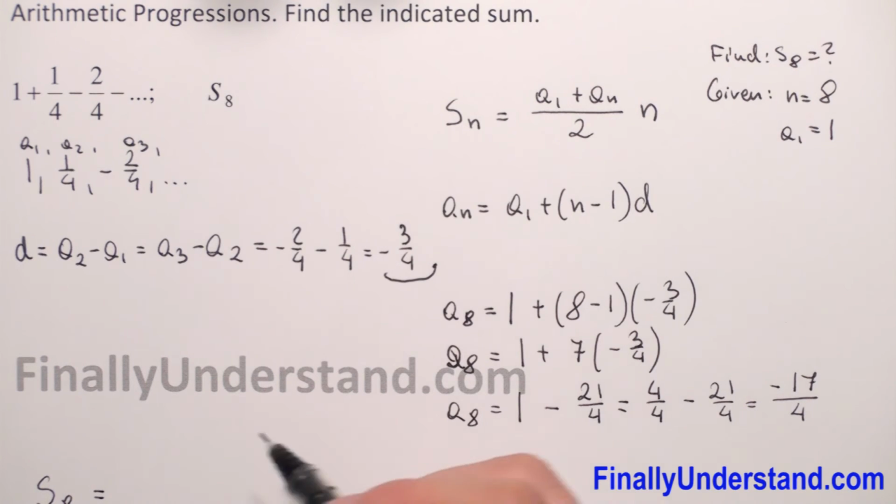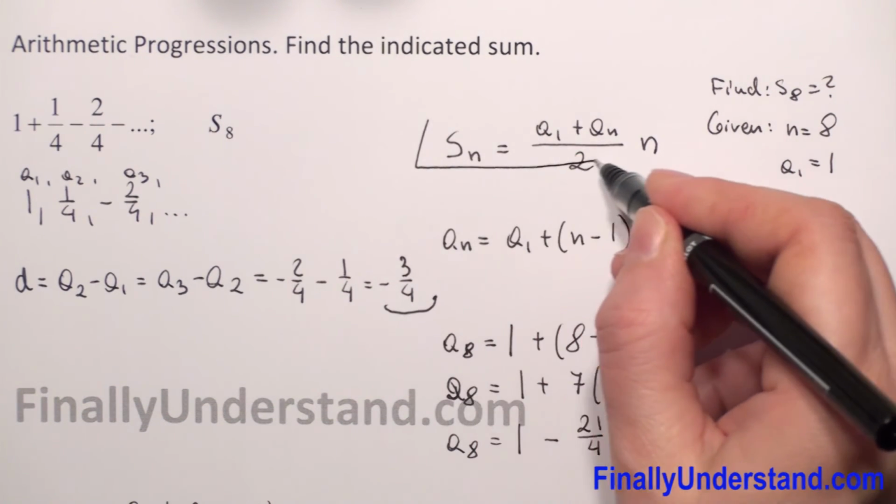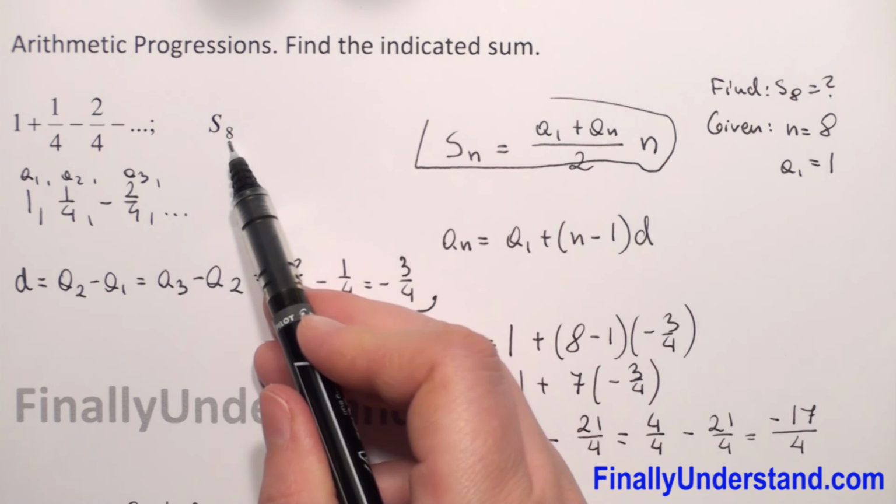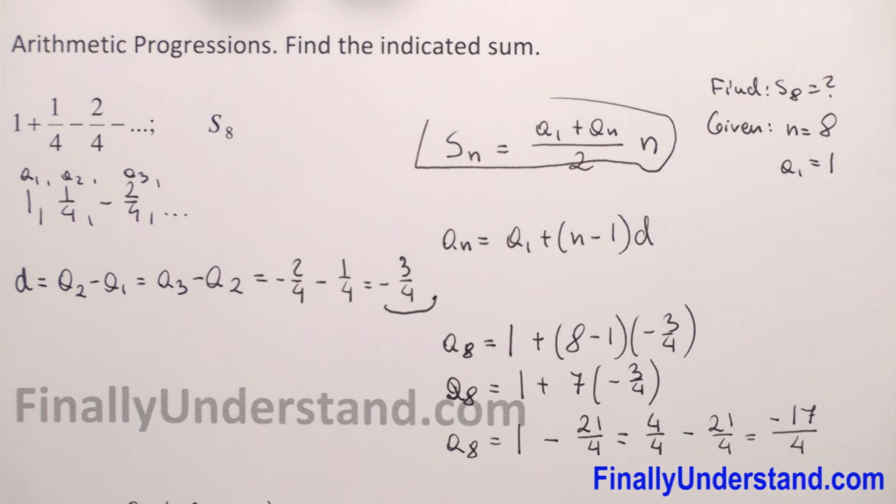So when we have the 8th term, we can now find the sum of the first 8 terms of our arithmetic progression. So a1 plus a8, over 2, times n. This is the general form. In our example, n is equal to 8. So this is equal to a1 is 1 plus a8, which we calculated as negative 17 over 4, over 2, times 8.